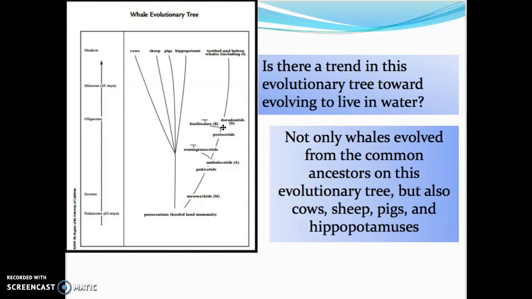But this is all about the whales. So I want you to only watch the first 17 minutes. That's what you're responsible for. If you want to keep watching, you can. The program's probably about 45 minutes long. But the part that pertains to what we are learning is the first 17 minutes. So once it gets to 17, if you want to be done, you can shut it off.